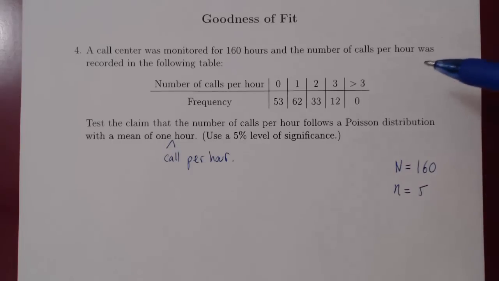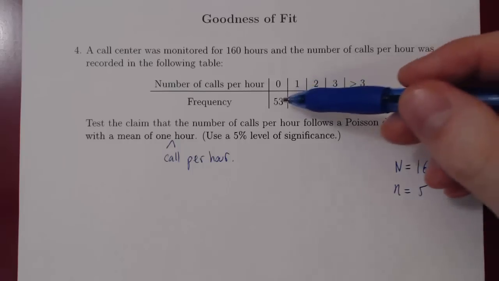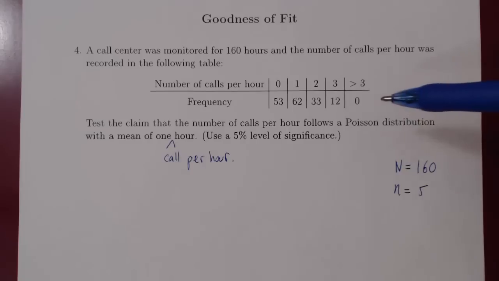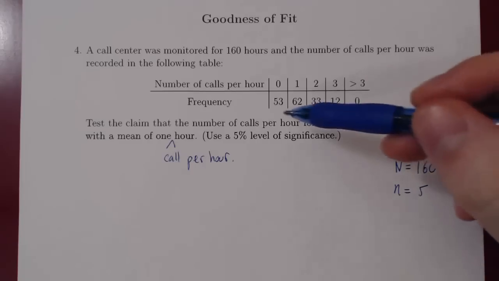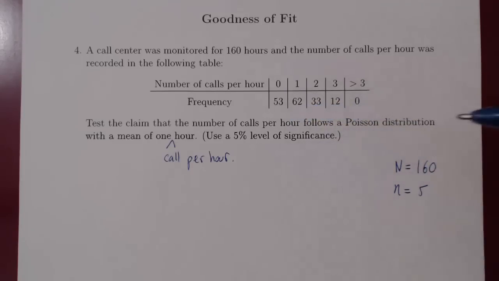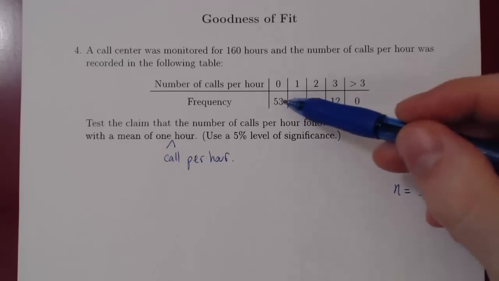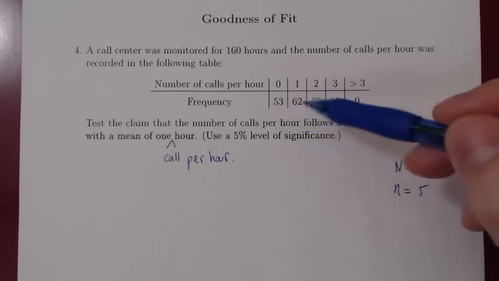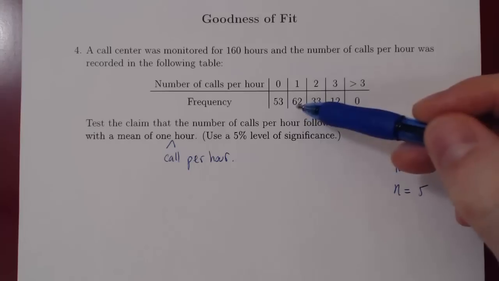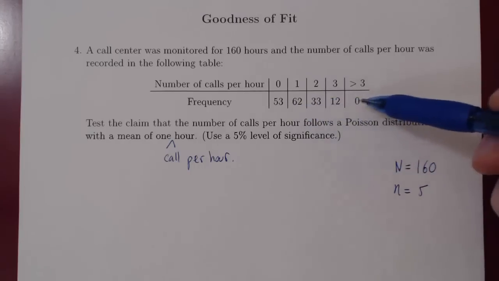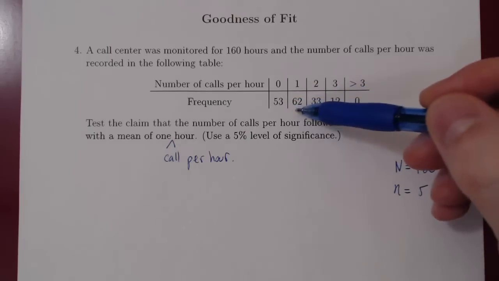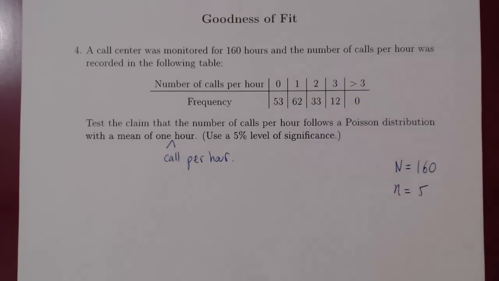As always, under the assumption of H naught, what we have here were the observed values for each bin. We will compute under H naught expected values for each bin. So this would be O1, the first observed value. This would be O2, the second observed value, O3, O4, and O5. Under H naught, we will compute E1, E2, E3, E4, E5, the expected values.